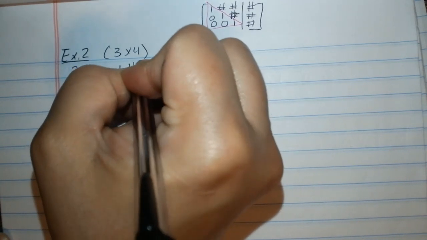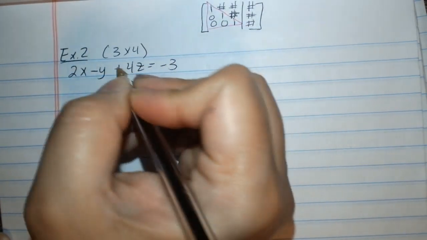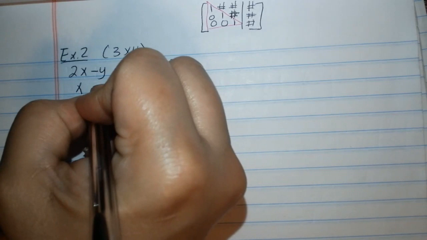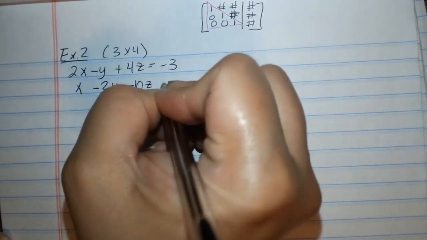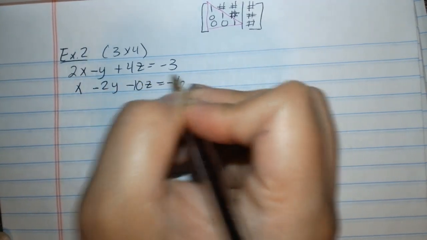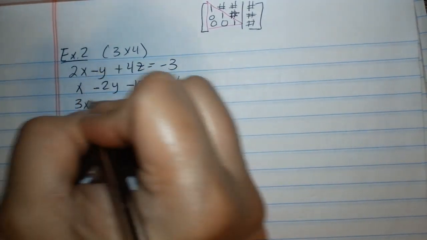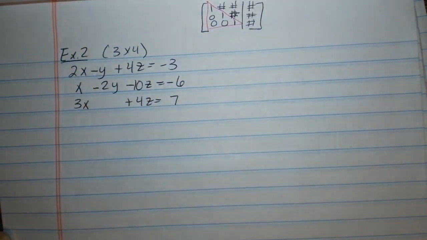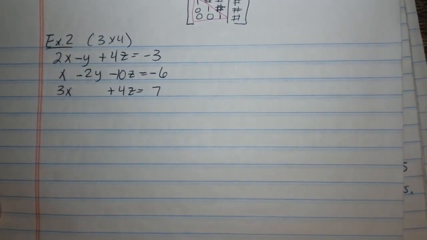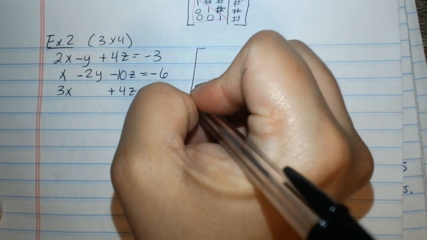So let's say this is a problem you get. 2x minus y plus 4z equals negative 3. X minus 2y minus 10z equals a negative 6. 3x plus 4z equals 7. So the first thing would be to write down the matrix for this.